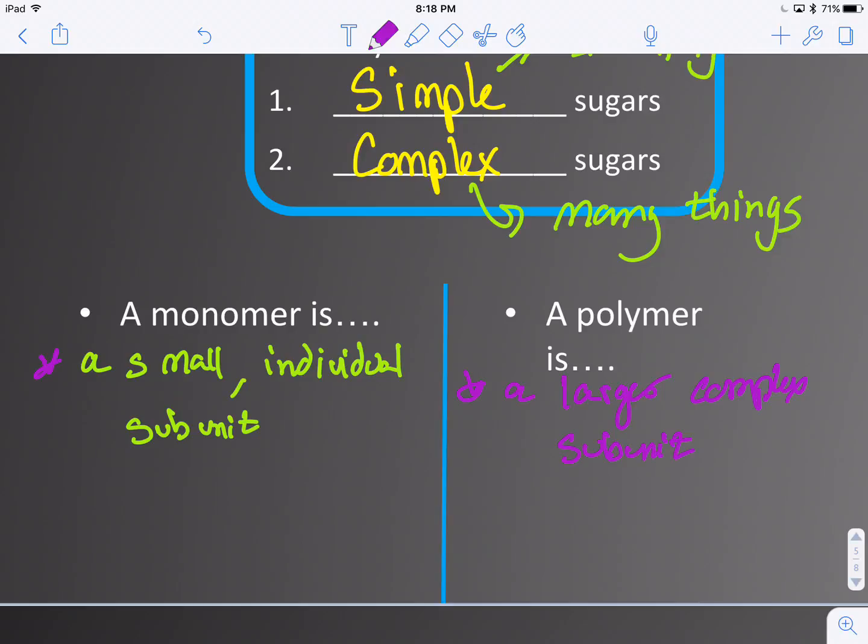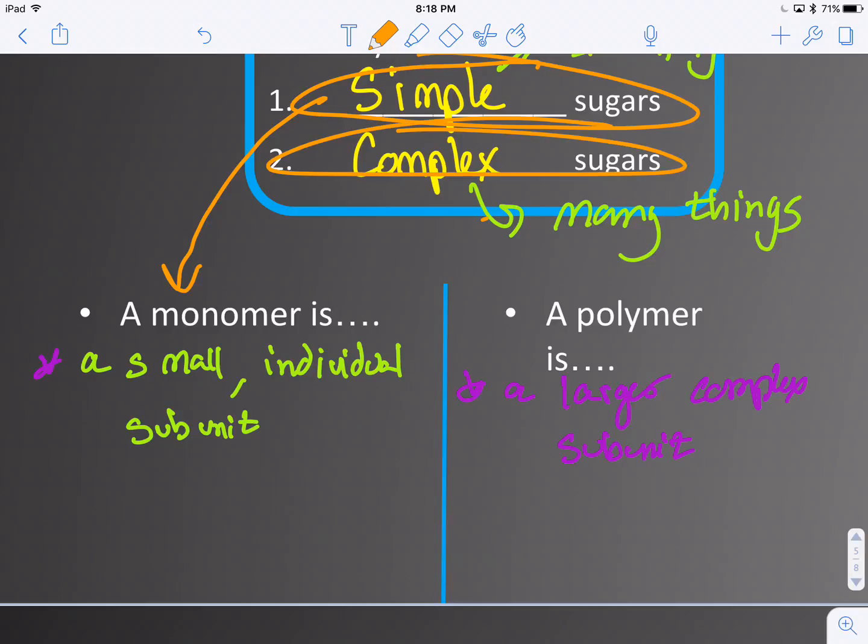I think that just from these definitions, you should be able to see that simple sugars are basically going to be monomers, whereas our complex sugars are going to be polymers.